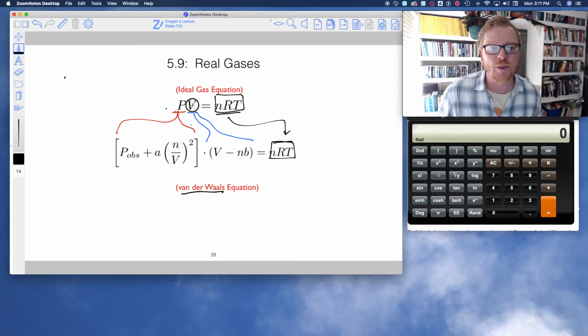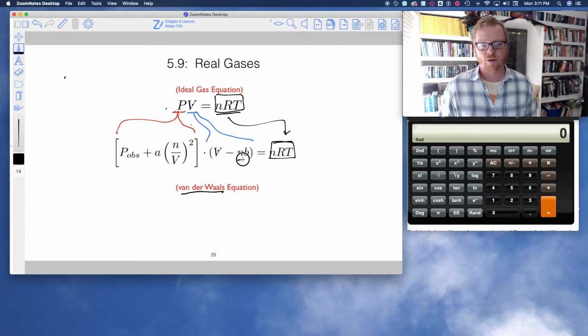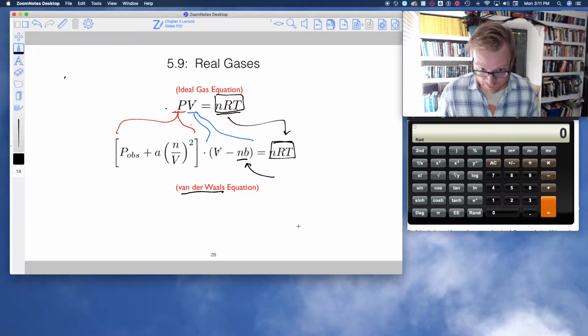For one, we note that this V and this V is the same, okay? But what's this nb term? Well, as it turns out, this term, n times b, n is number of moles, and b is the molar volume constant for the molecules themselves.